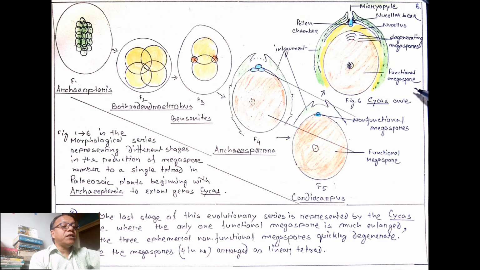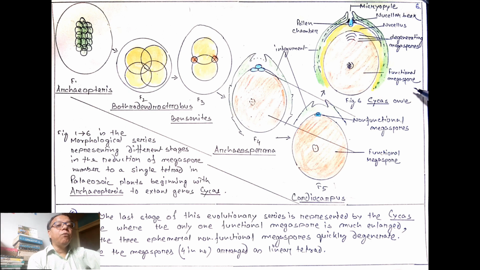Here, in the last stage of this evolutionary series, the ovule of Cycas represents only one functional megaspore, and it is of much enlarged size.